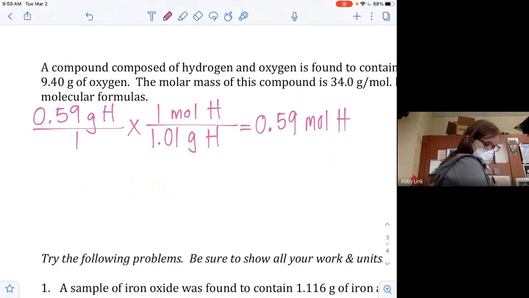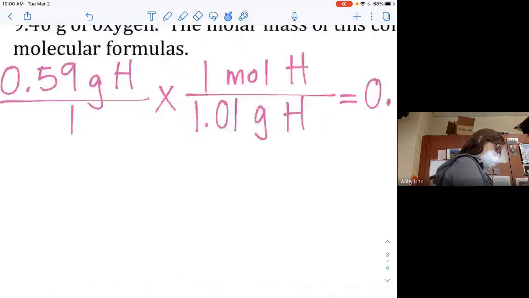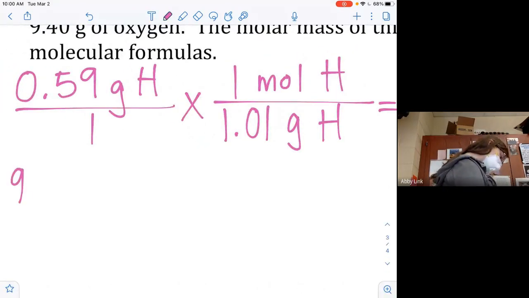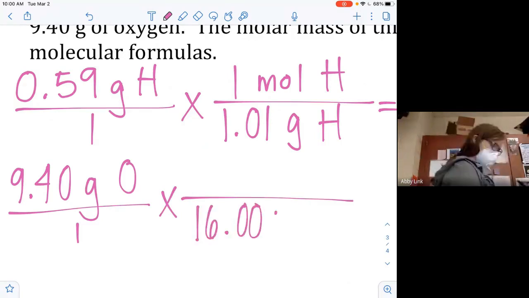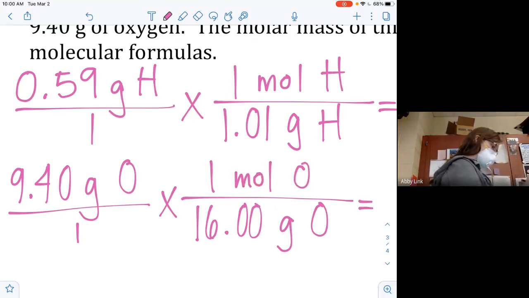All right, we've got to convert our 9.40 grams of oxygen next. When I take oxygen's molar mass and round it to 2 decimal places, it comes out to be 16.00 grams of oxygen in the denominator there, and then 1 mole of oxygen on the top. 9.40 has 3 significant figures, so I'm looking for 3 significant figures.